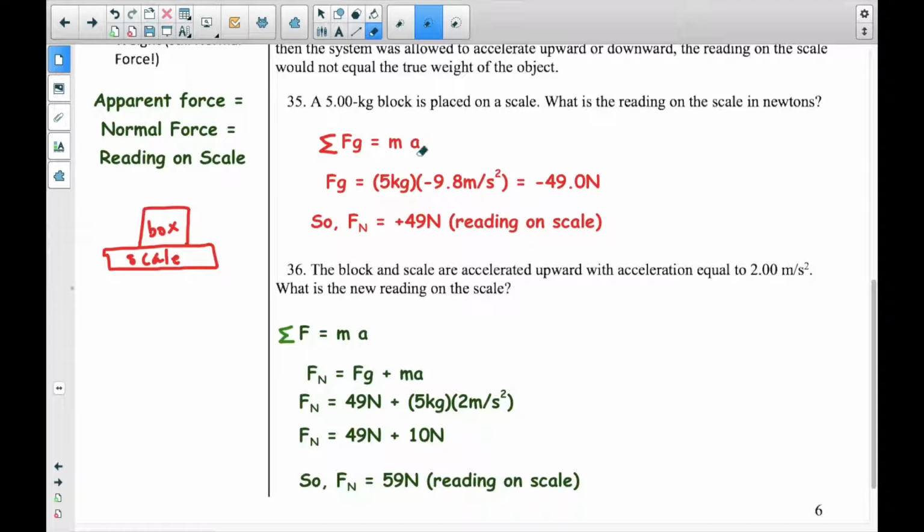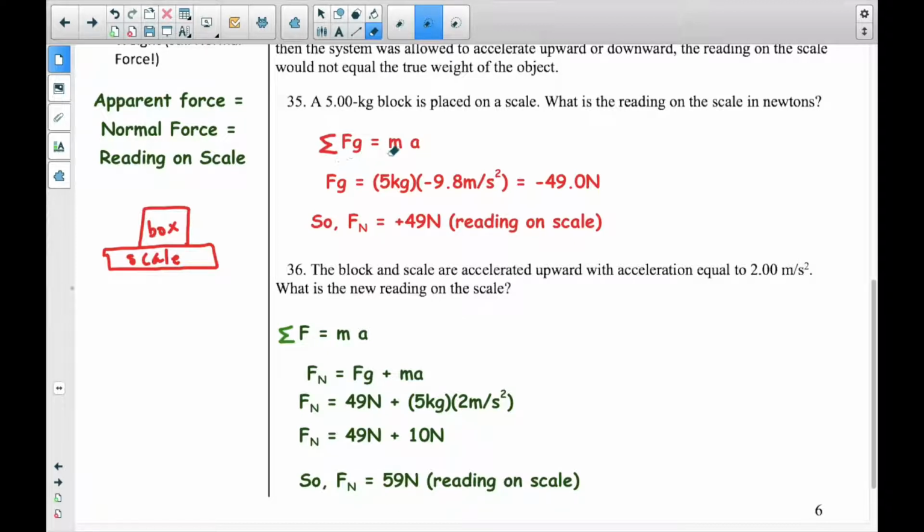We have been talking about the forces being equal to 0, and that's when things are not moving, when there is no acceleration, or if it is a constant speed, which would also mean no acceleration. So now, instead of setting it equal to 0, I'm going to go back to our equation sheet, which is F equals ma. I'm going to call this the sum of the forces, and that g should be like a little subscript g.